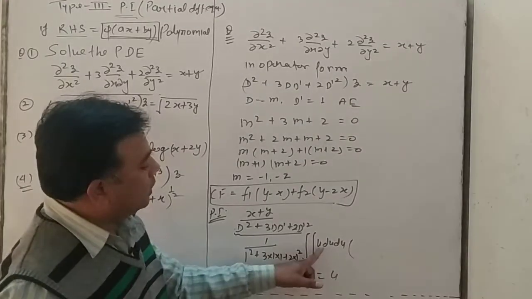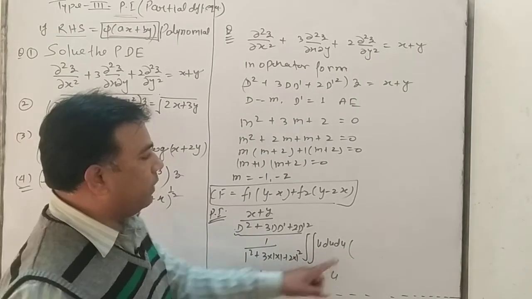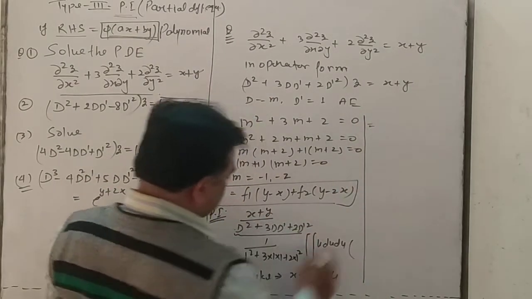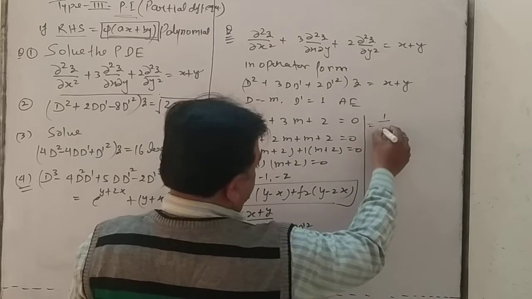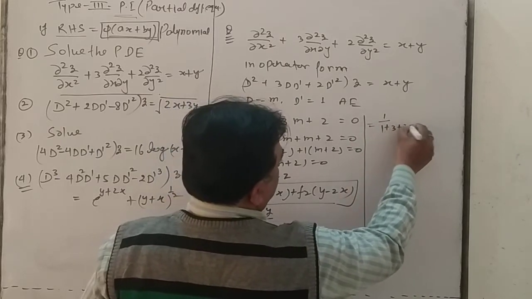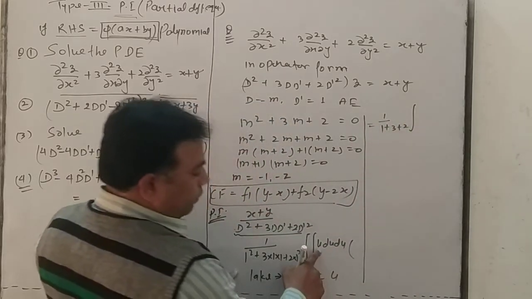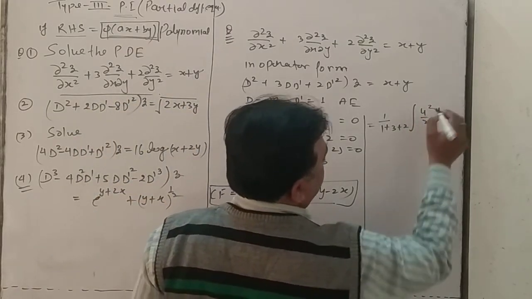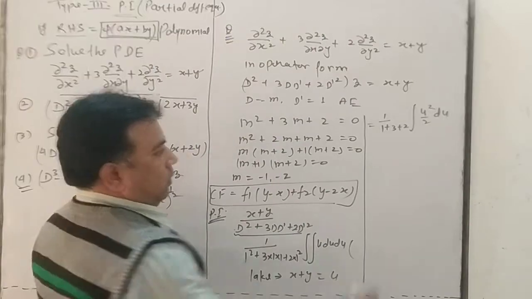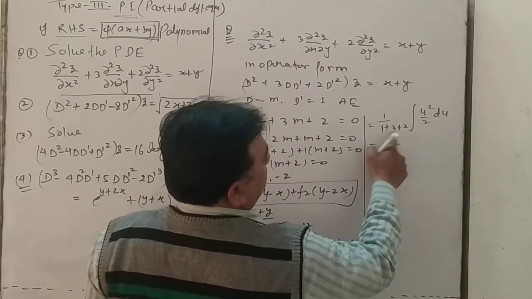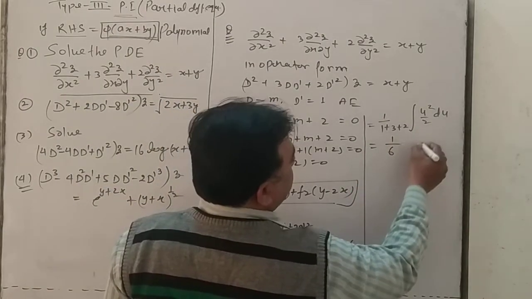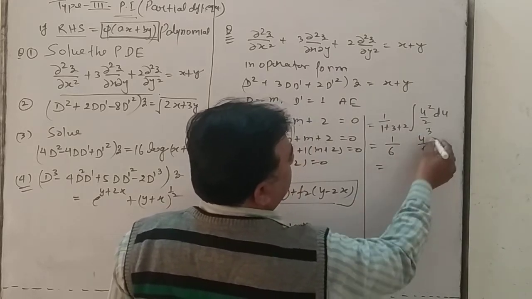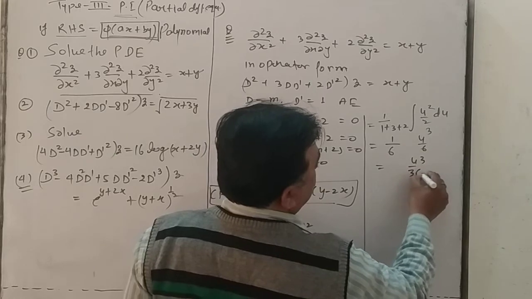So it is double integration of u du du, with 1 upon 1 plus 3 plus 2. Integrating with respect to u gives u square by 2, and 1 upon 6 remains. Integrating again gives u cube by 6, so u cube upon 36.